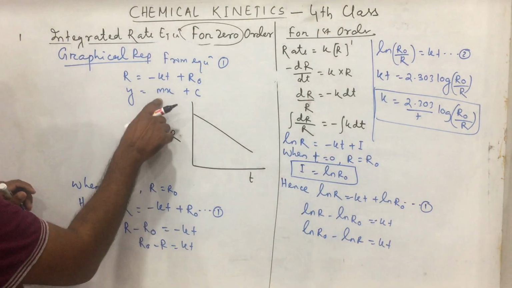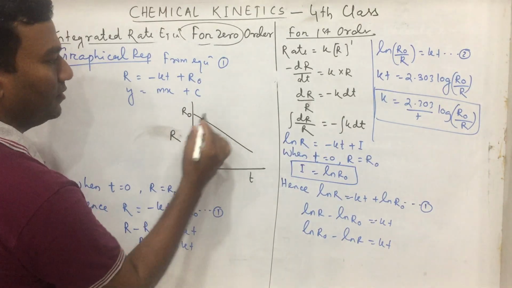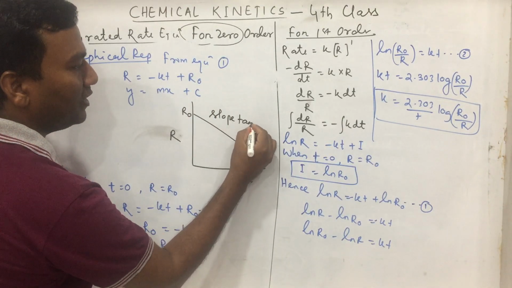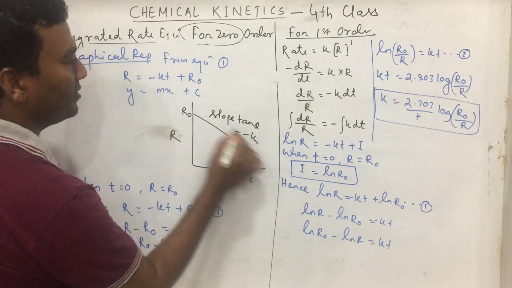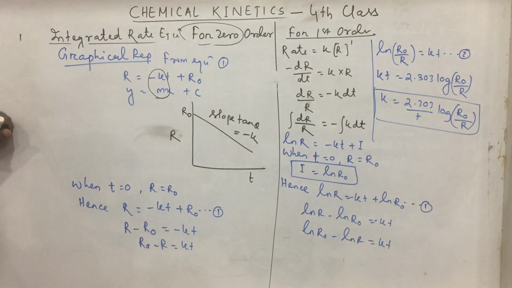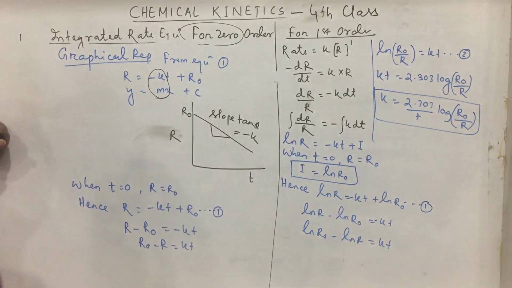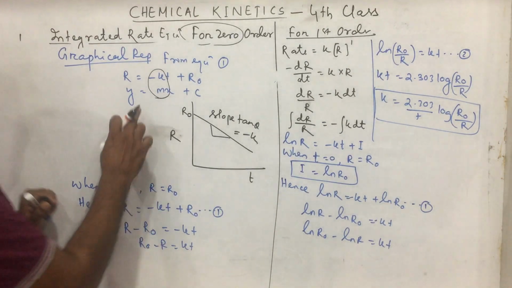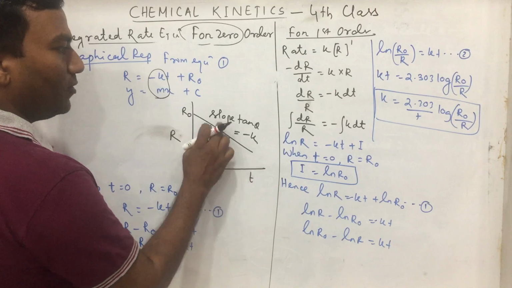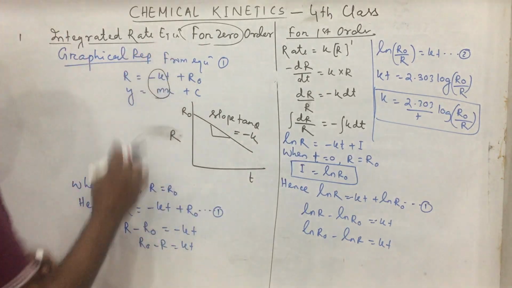Okay, so what is the y-intercept? R naught. What is the slope? So slope tan theta equals minus K. Clear now? So if we plot the graph between concentration versus time, the slope indicates minus K. This is for which order?